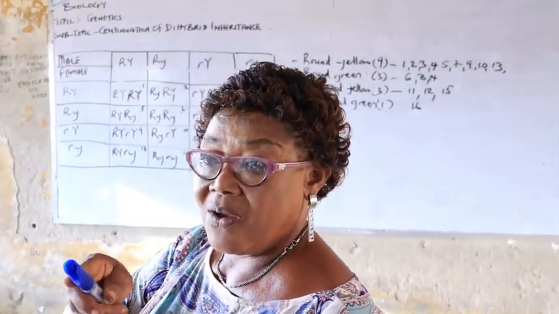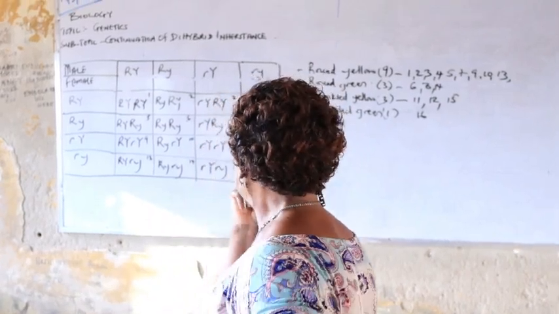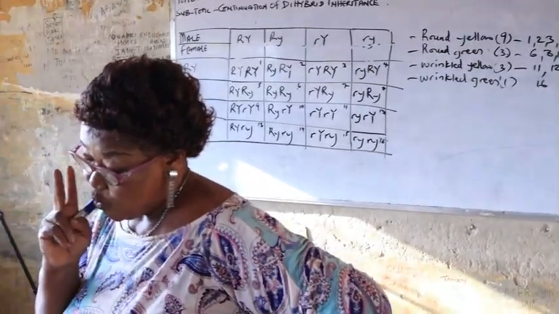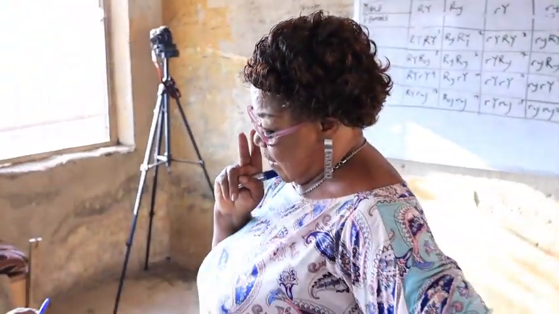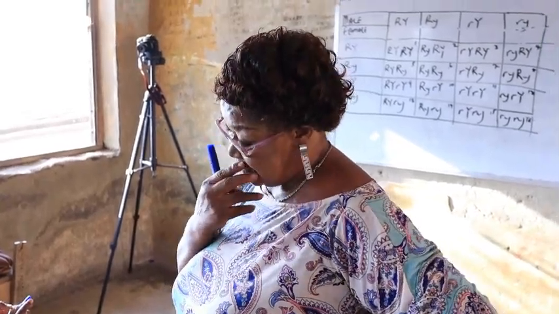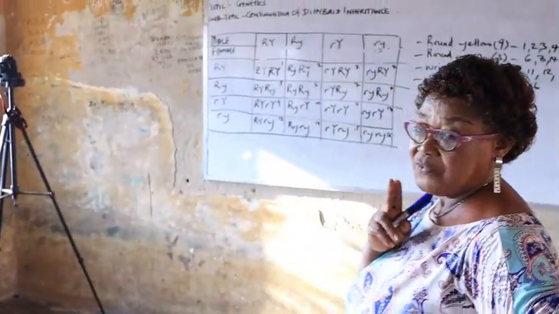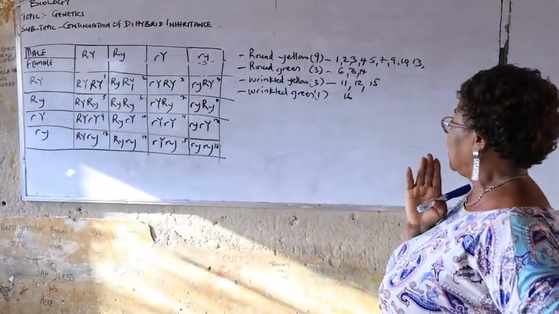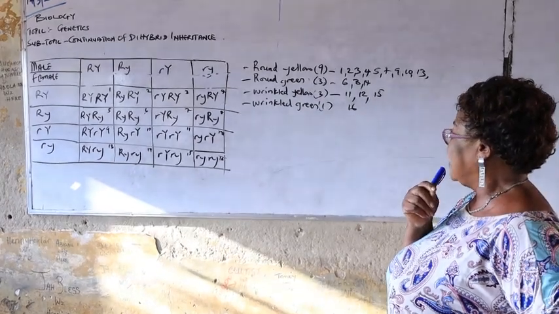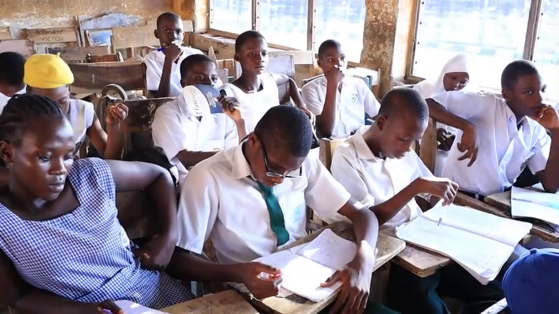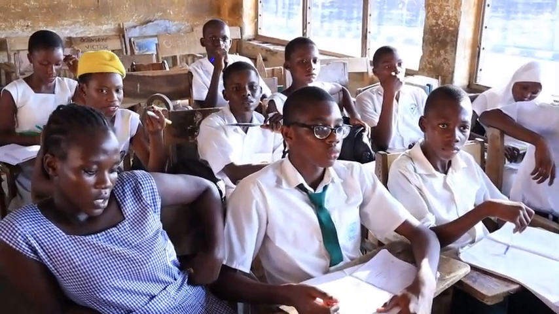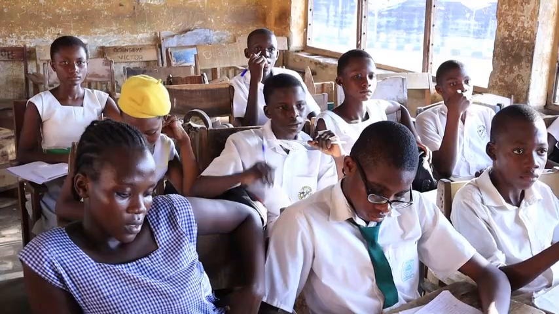4. Check again. 14. I repeat myself: 2 are heterozygous for round and homozygous for green. Check it again. Are you sure? Who said 4 and 8?